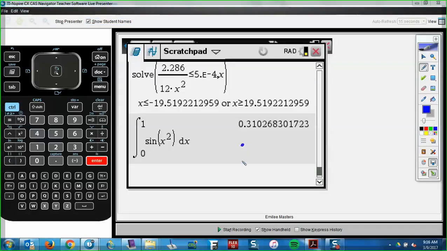Okay, I want to know trapezoid for 20. 494. Right? So we didn't get any bonus ones, but we got 3. So the formula told us 20 trapezoids would be guaranteed to give us 3 decimal place accuracy, 0.0005. And it did. Okay?